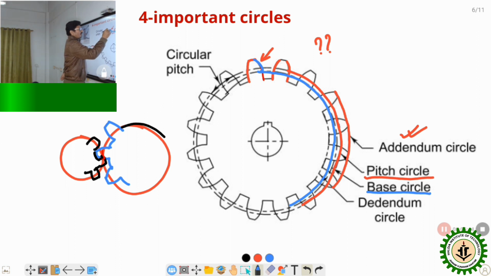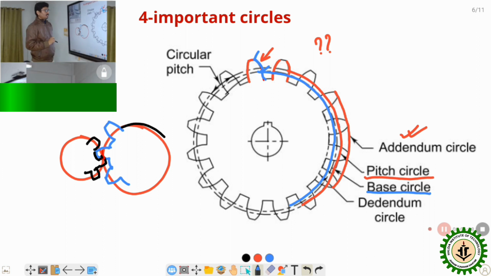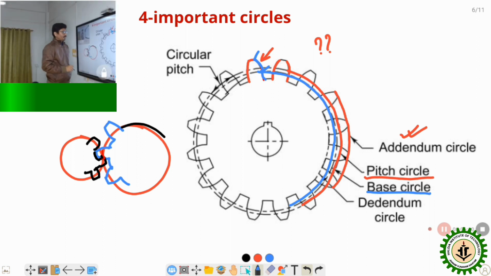Above the base circle, the curve is a certain geometrical shape, but below the base circle the curve is not a certain geometrical shape. It can be any arbitrary shape. So the tooth profile runs from the top of the tooth to the base circle. That portion is a certain geometrical shape. Now there is another significance of the base circle. I will tell you later on.